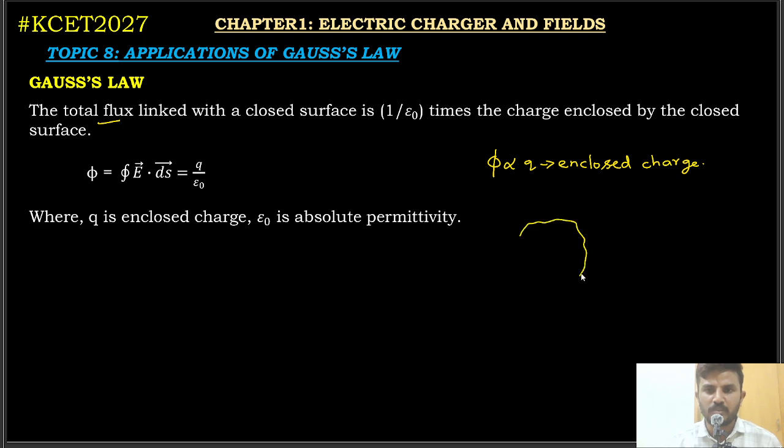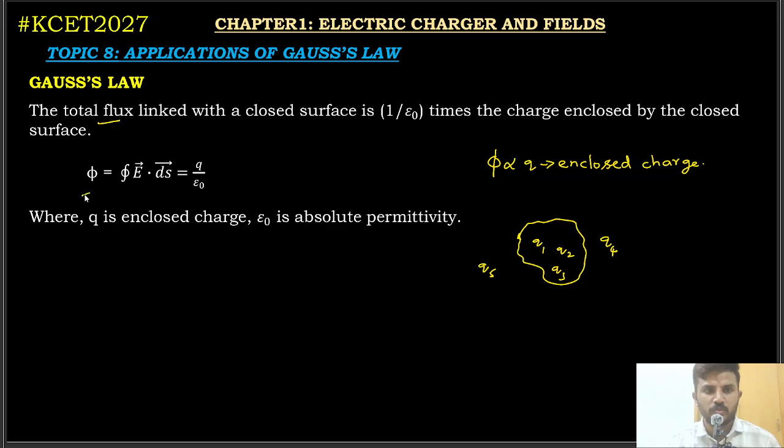So if you consider this is the surface, how many charges are there? Let's consider Q1, Q2, Q3. Outside also we have Q4, Q5, all these charges. The flux depends on the enclosed charges Q1, Q2, Q3 only.